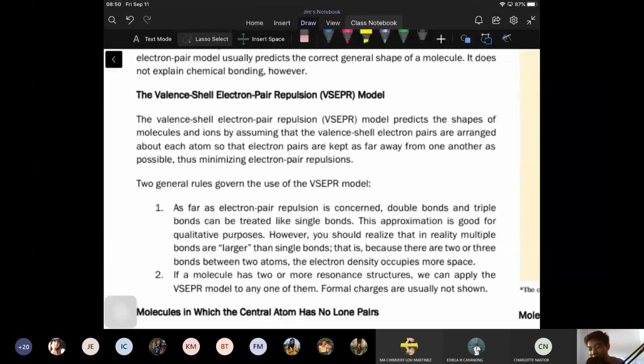Because electrons are negatively charged. If they come into contact, negative and negative will repel, like the magnets, Thomson's, right? If you push two negatives together, they repel.